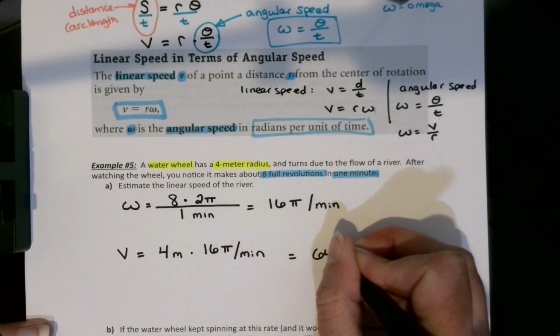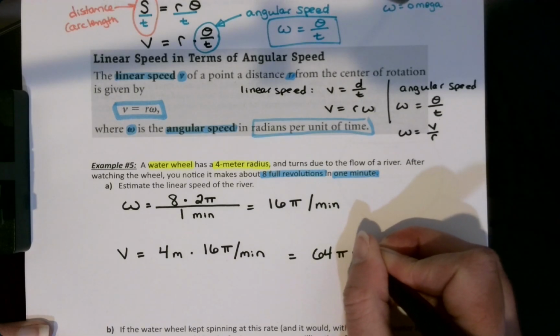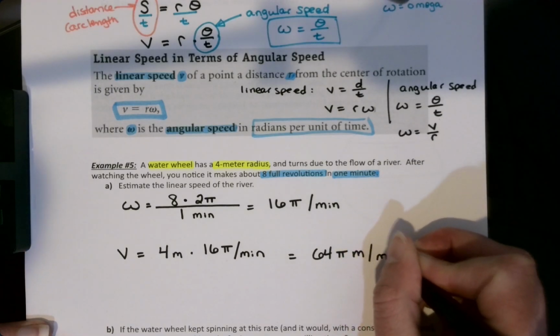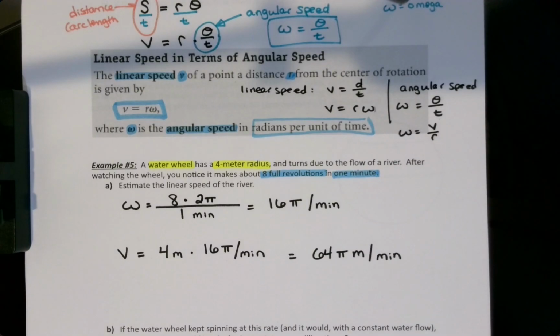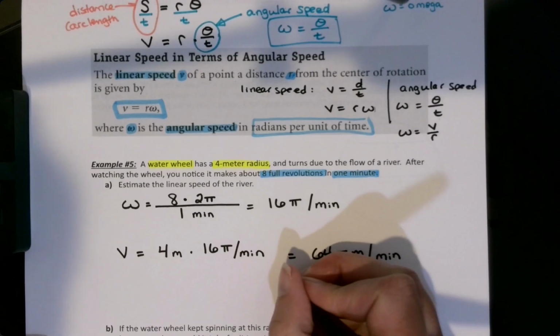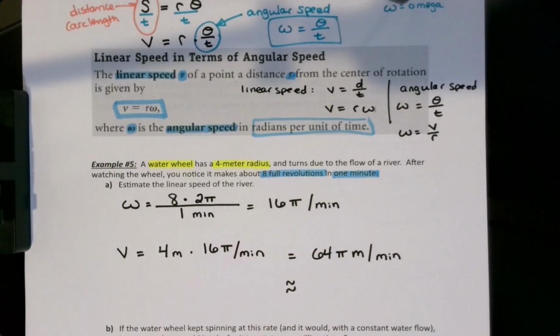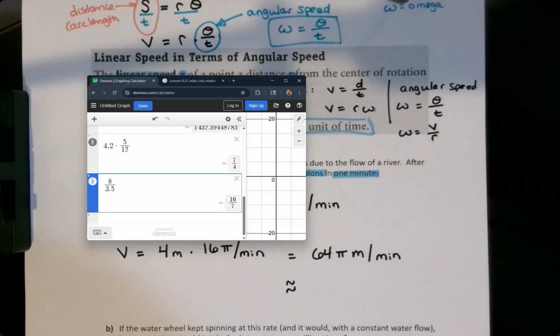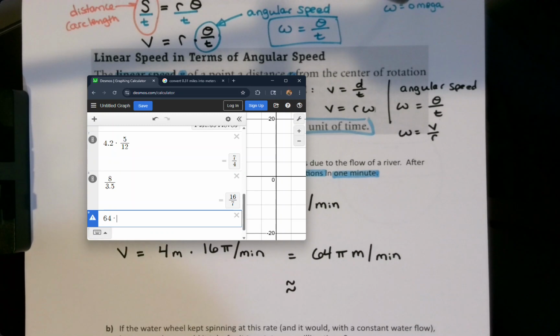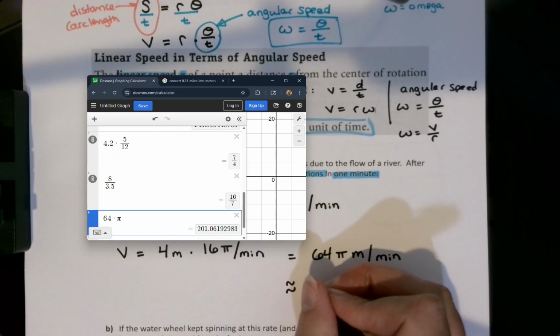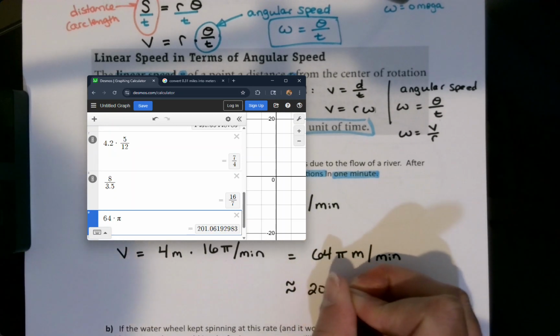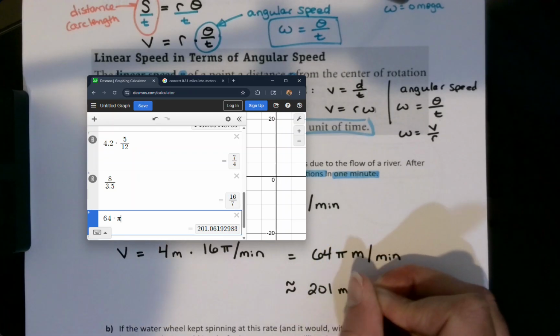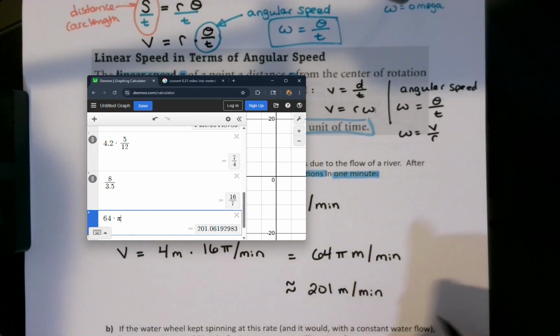So 64 pi meters per minute. And again, in terms of speed, we would technically multiply that pi out, because if you ask how fast something is, 64 pi meters per minute is not comparable to a flat decimal value. So let's go multiply 64 times pi. This is the speed of 201 meters per minute.